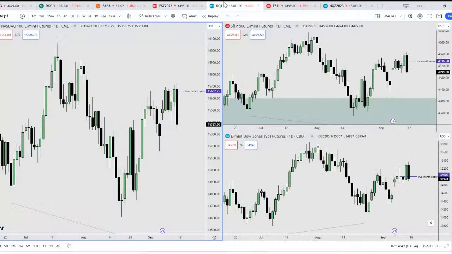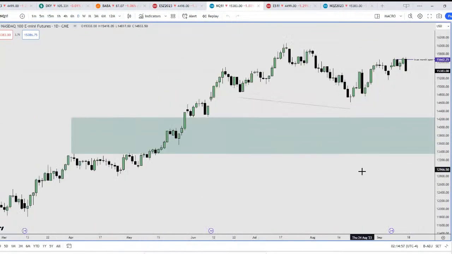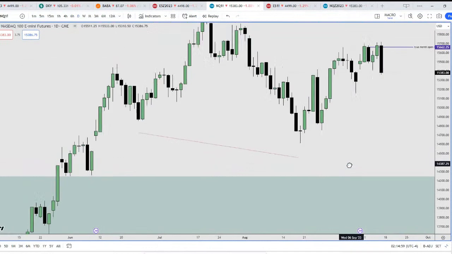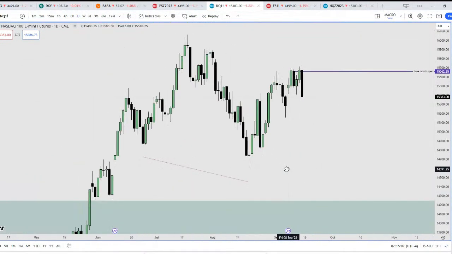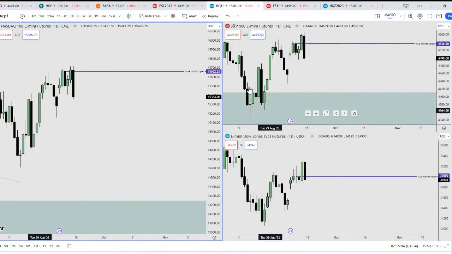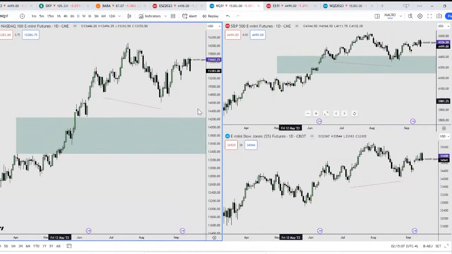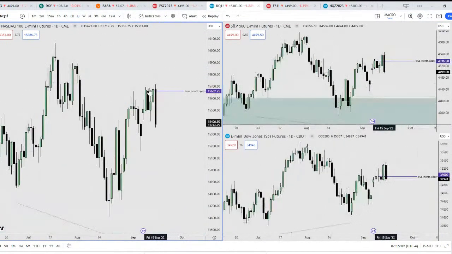Okay, I'm going to show you the continuous contract, and you can compare and contrast to see what's the difference. So this is the continuous contract chart. For NQ, on the continuous contract chart, there isn't any SMT. As you can see, higher highs, similar higher highs, and higher highs as well. Higher highs from this high, and this high is taken on the continuous contract, similar to this high here.